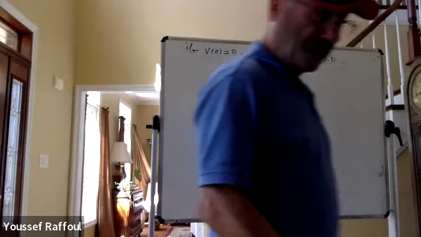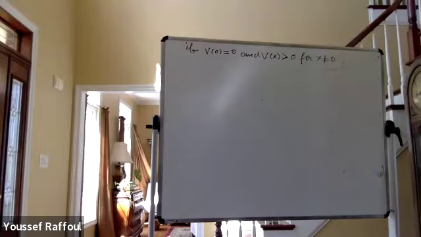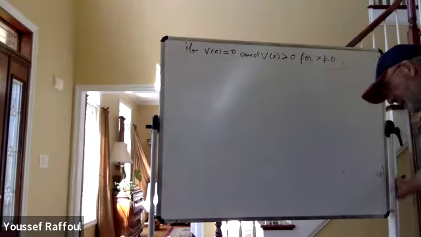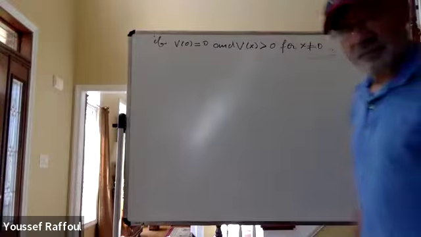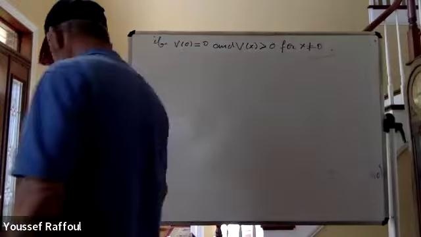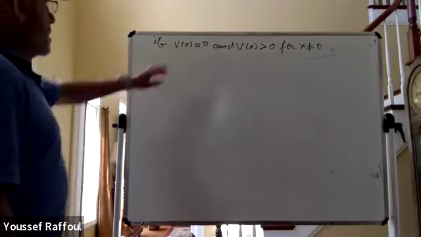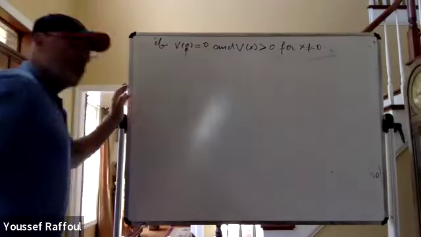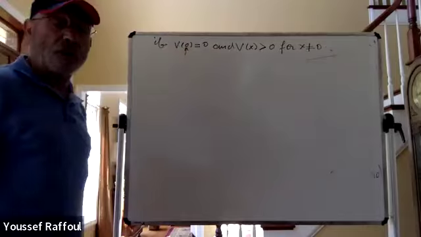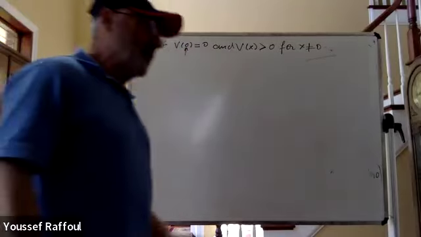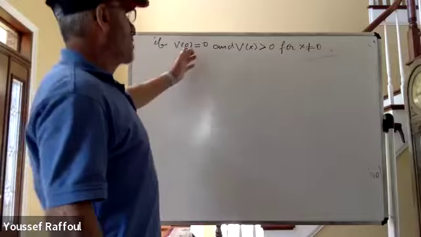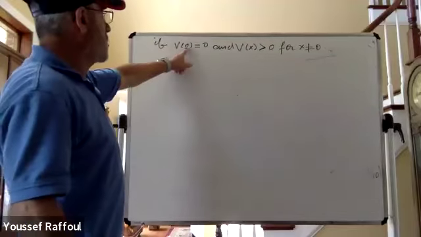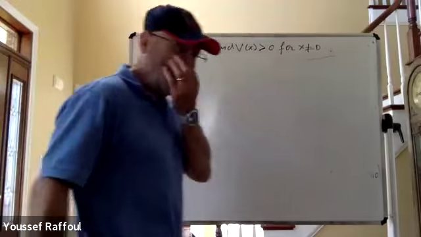Okay? Any questions? Remember, this is the equilibrium solution. For us, for a differential equation, this will be the equilibrium solution. Now, if x star is the equilibrium solution and you don't want to translate it to 0, then this will be V(x star) equals 0.